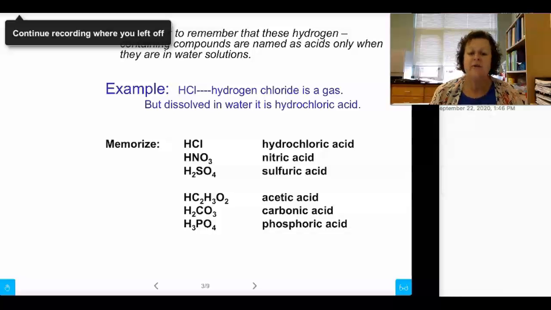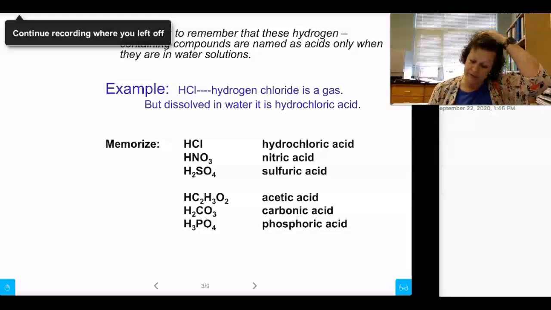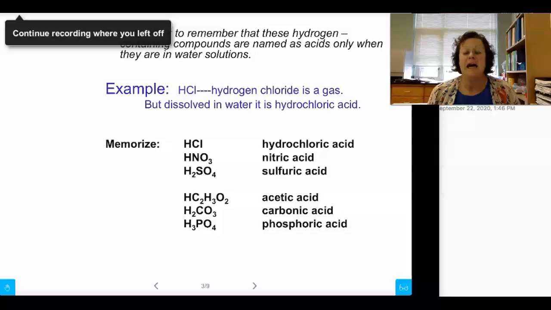When it's dissolved in water, it becomes hydrochloric acid. Remember, acids are compounds until they're dissolved in water. HCl is hydrogen chloride until it's dissolved in water.